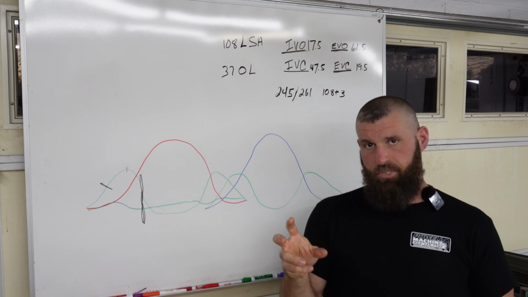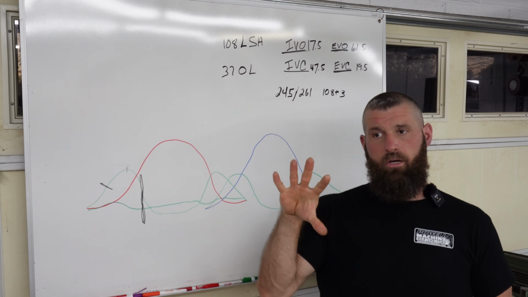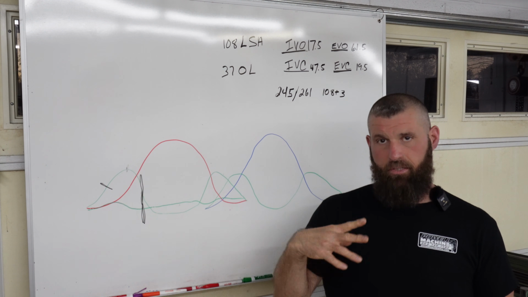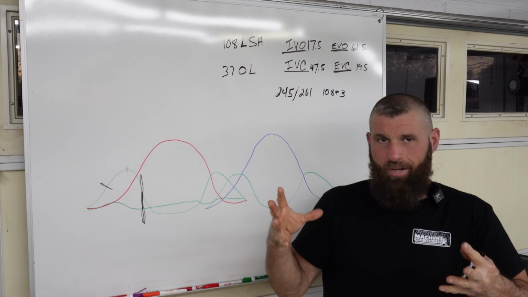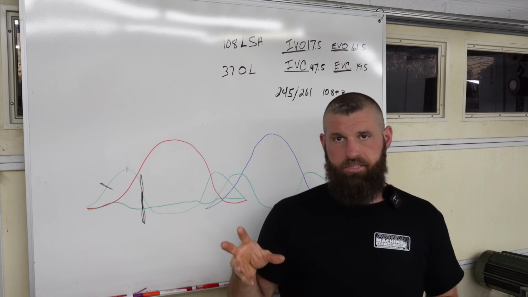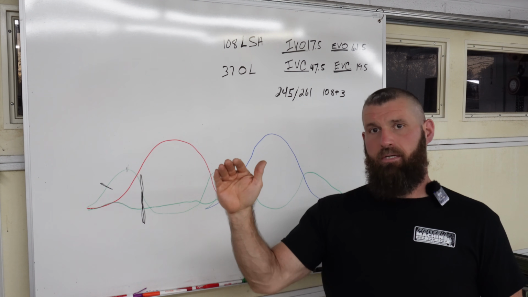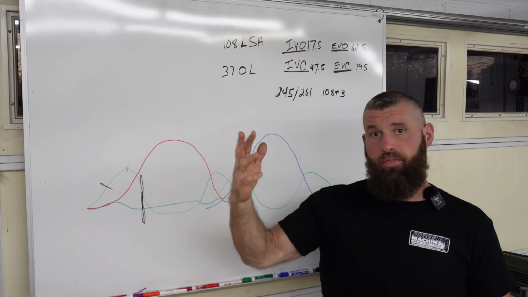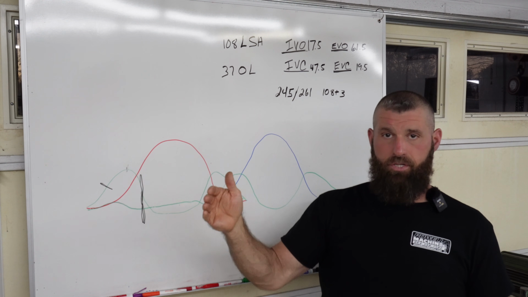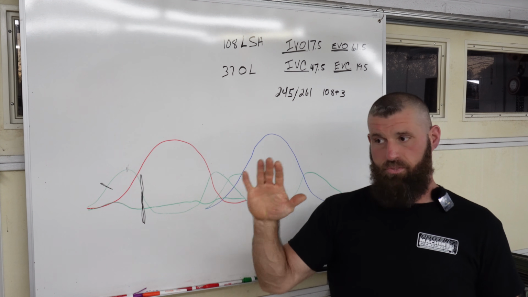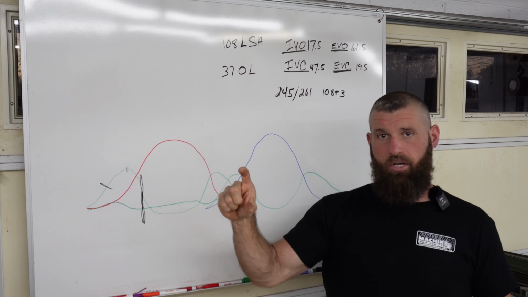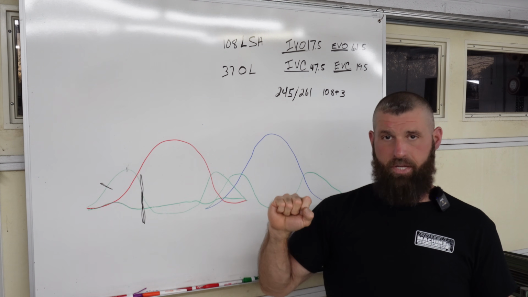So the problem with cylinder heads is, one, the peak flow number doesn't actually mean anything really. But if you have a properly designed cylinder head, the number at the maximum lift you're going to use, that's the number we use. If you can't use more than 700 lift, then the 700 lift flow number is the number we use to calculate.